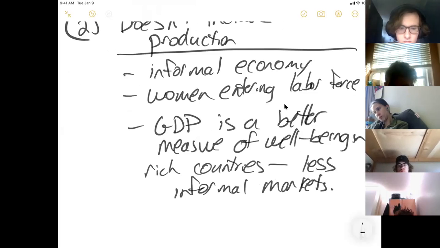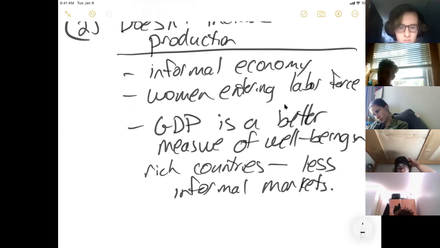And by that, I mean to say, in a country like the US, so much of what we do actually takes place in the formal market that we actually are capturing it. But if you go to poor countries, there are a lot more informal markets going on out there, where people are growing, as I said, their own vegetables, maybe having stands on the side of the road, street vendors. That kind of stuff tends to get missed.